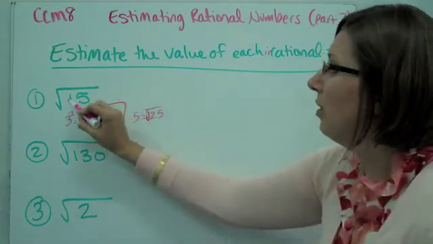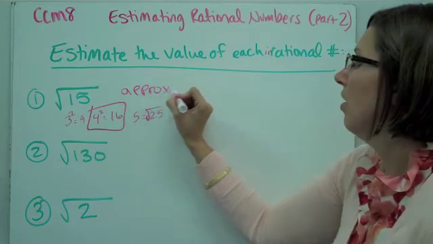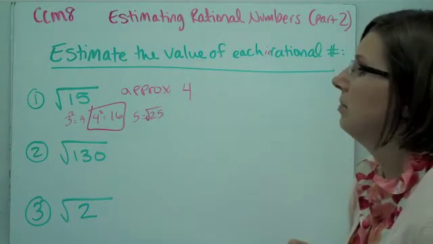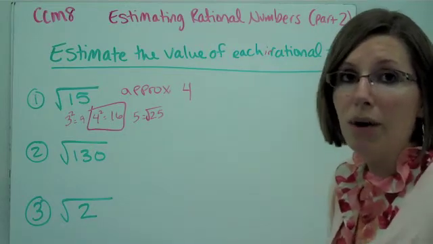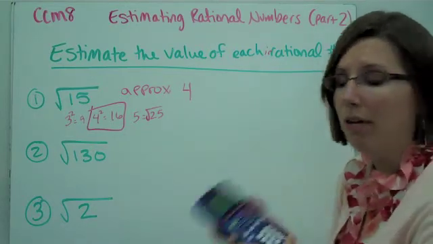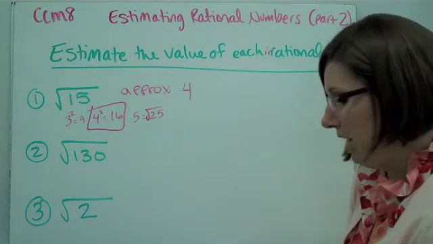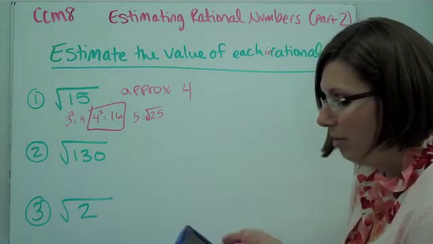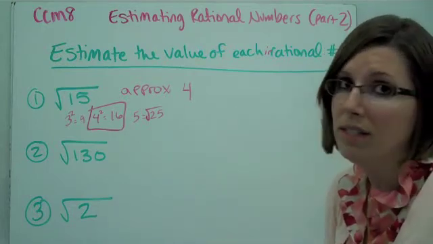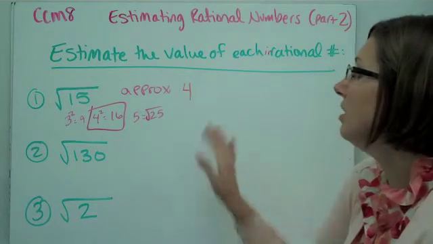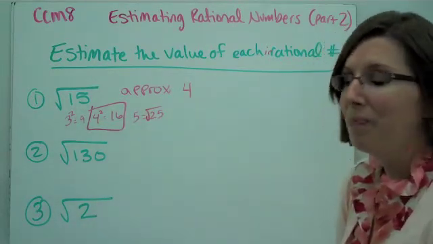So the square root of 15 is approximately 4. That's as close as we're going to get to the whole number value. You can always check your answer by picking up your calculator, plugging it in, taking the square root of 15, and it's 3.87... It doesn't terminate, it doesn't repeat, but this is the closest whole number approximation of that value.